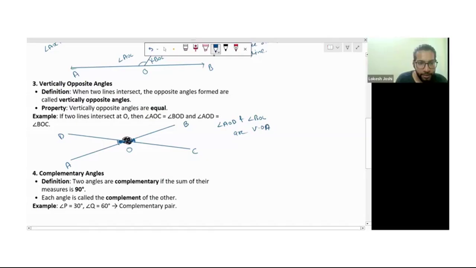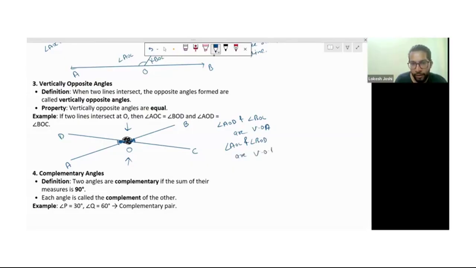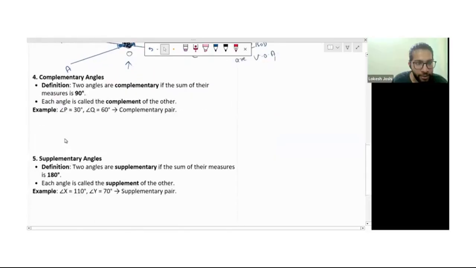And the other pair is the black one, which is angle AOC and angle BOD, which are vertically opposite angles. There is also a property written: vertically opposite angles are equal. Which means angle AOC is equal to angle BOD, and angle AOD is equal to angle BOC. So that's it for vertically opposite angles.